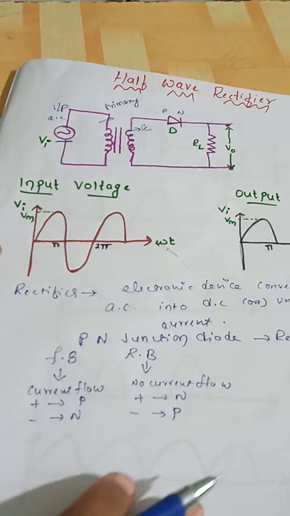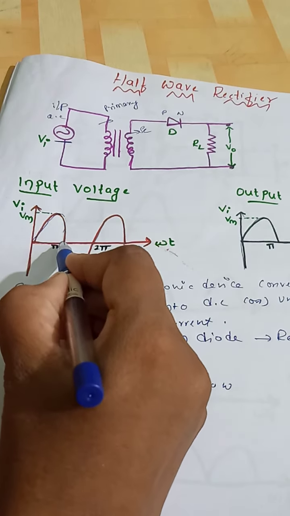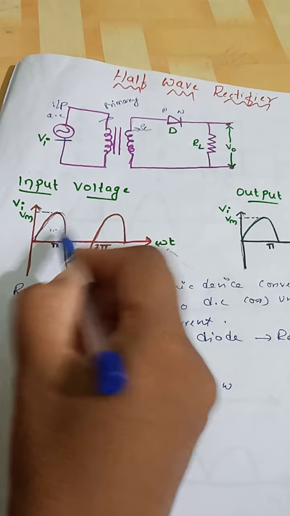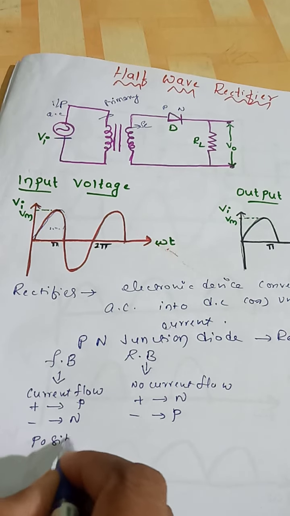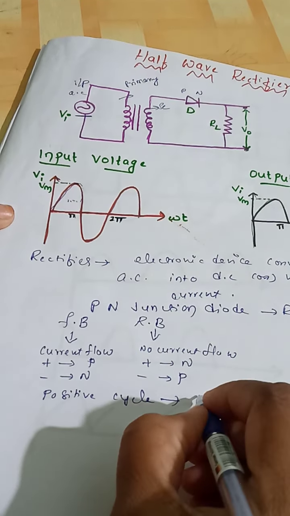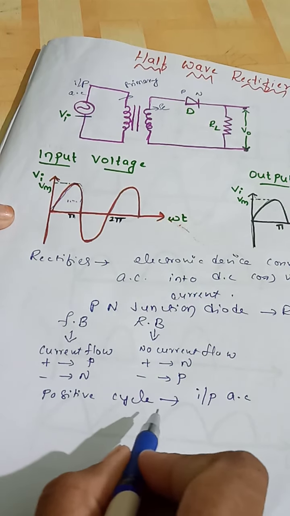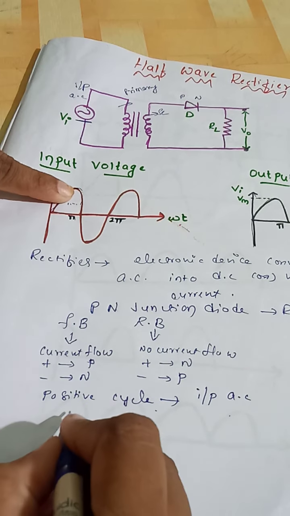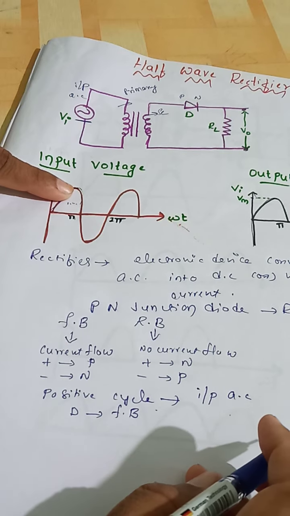Right? Now here first let us take this positive cycle. So for the first positive cycle of input AC, diode D becomes forward biased.